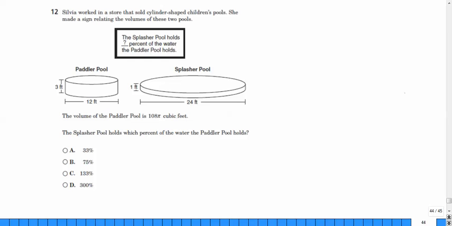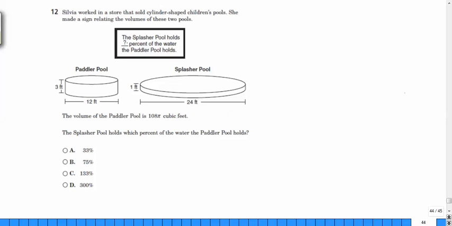Problem number 12. Sylvia worked in a store that sold cylinder-shaped children's pools. She made a sign relating the volumes of these two pools. The splasher pool holds what percent of the water the paddler pool holds? Well, obviously there will be a number there.